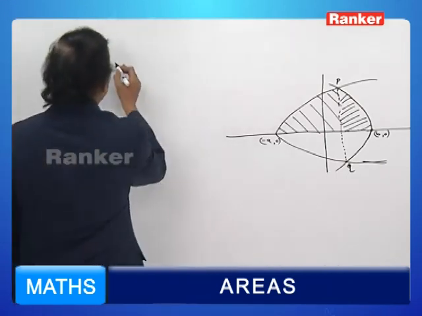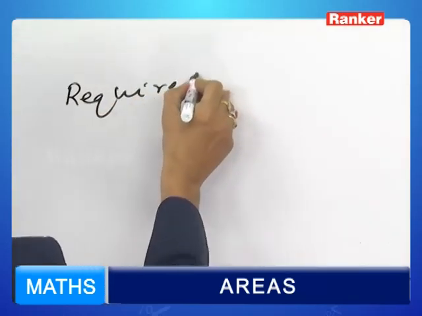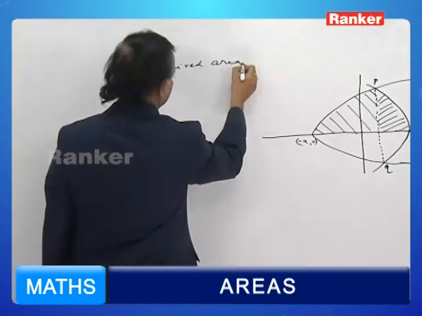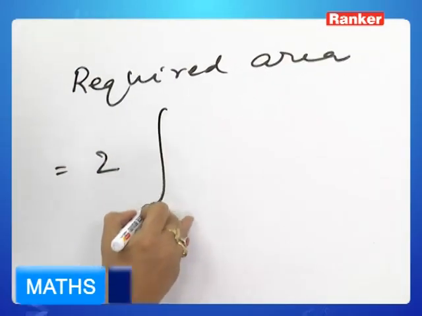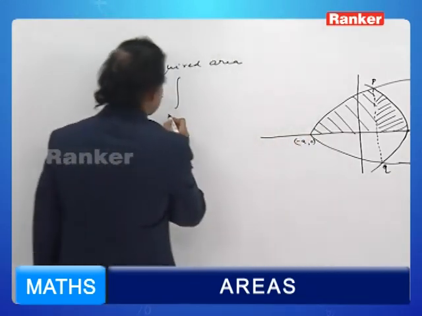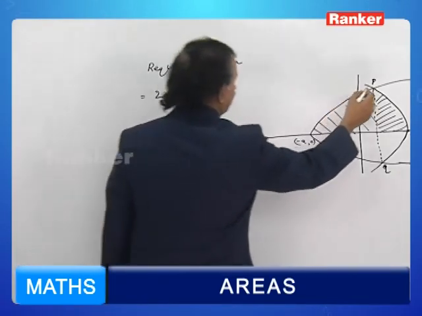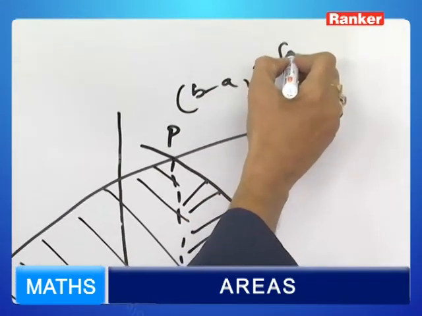Therefore, required area is equal to 2 into first part, minus a to, what is this point B actually? B minus a comma 2 root AB.